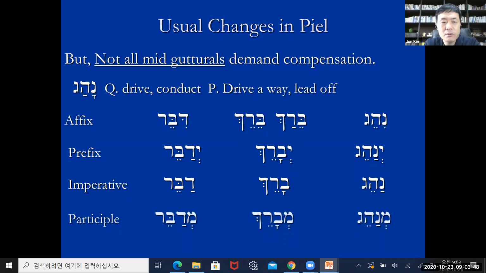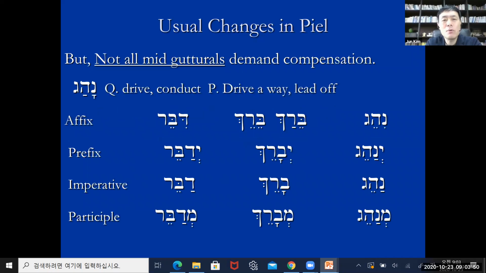Now, not all middle gutturals demand compensation. This is a bit complicated. We need to expect compensation if we are dealing with the Piel stem. Are you sure that there are some cases where this idea of compensation will not work?